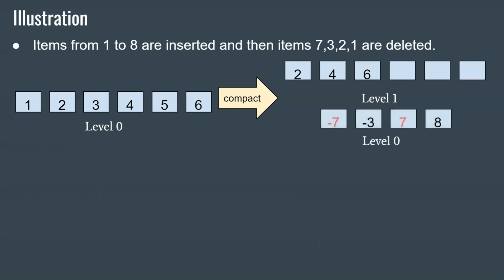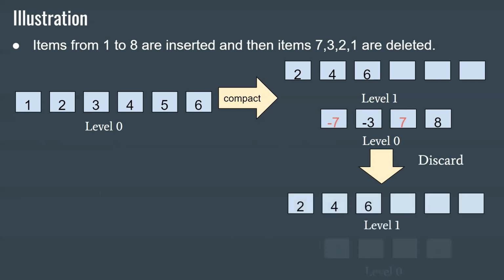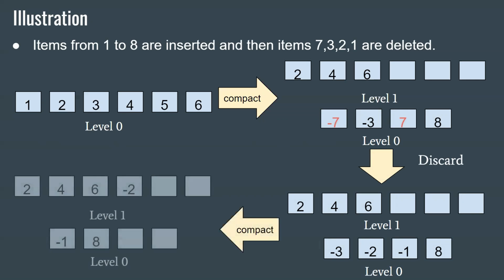The level 0 buffer decreases its capacity to 4, and after storing the next 4 items, it becomes full again. In the next compaction, we can see there is a matching -7 and 7. So they can be discarded, which creates 2 more free spaces for -2 and -1. The last compaction will push -2 to the level 1 buffer, and note -1 and 8 are not pushed, since they are different operations.